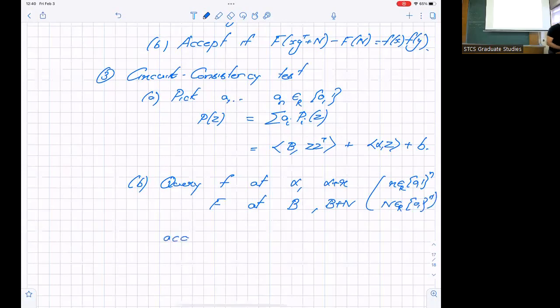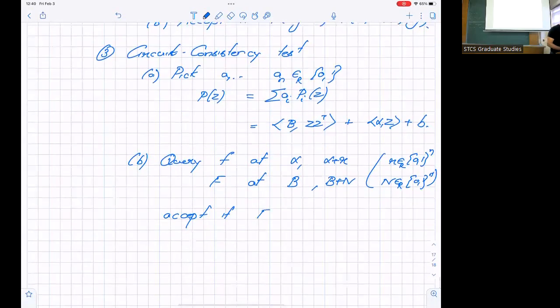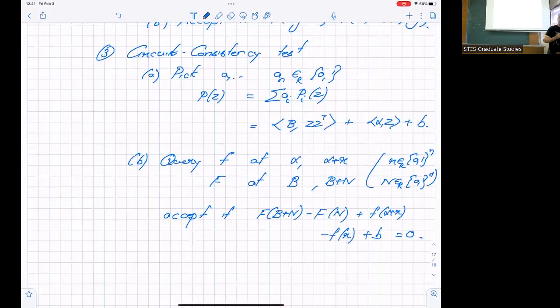Accept if F of B plus N minus F of N, plus f of alpha plus R minus f of R, plus b equals zero.